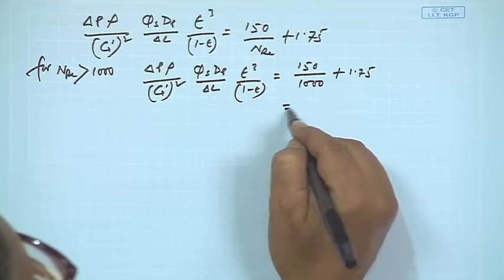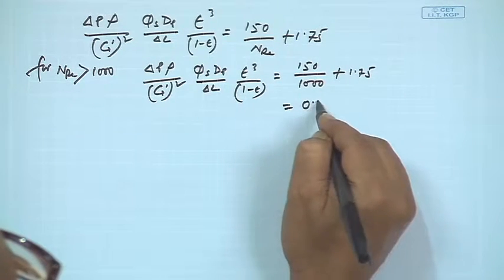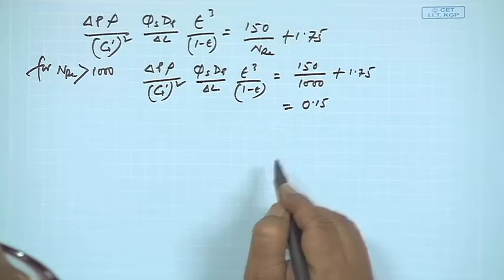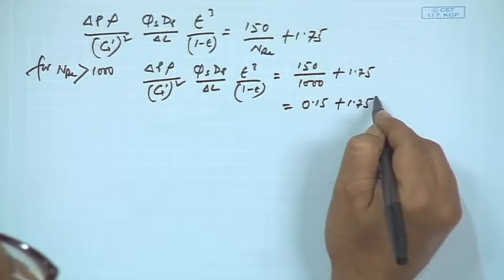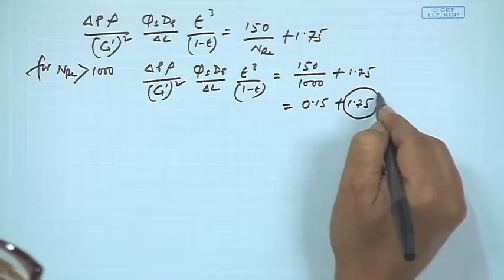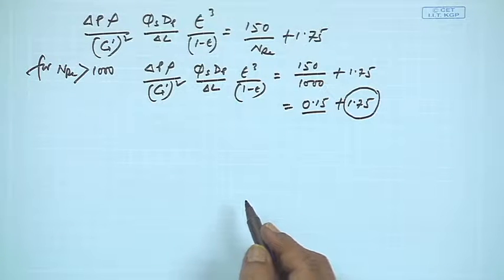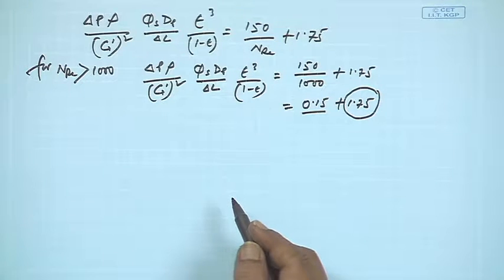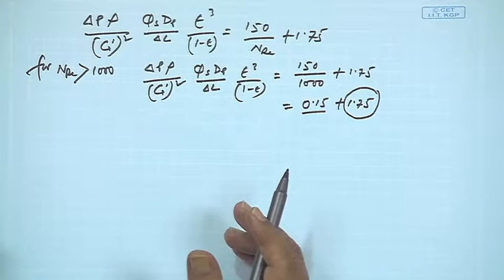So, that means this is 150 by 1000, that is 0.15, plus 1.75. So, compared to 1.75, 0.15 is very low, isn't it? It is about 1/10 of that.